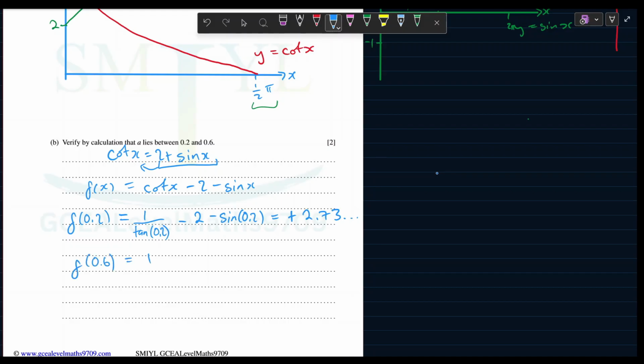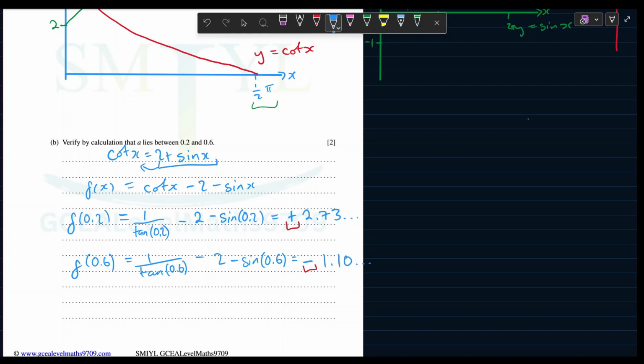So that's going to be 1/tan of 0.6 minus 2 minus sine 0.6, and here we get negative 1.10 and so on. So as you can see, we've got a sign change, right? It was positive for 0.2 and now it's negative for 0.6.